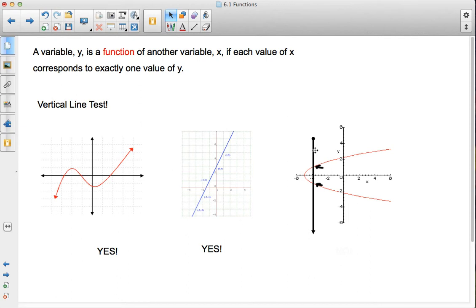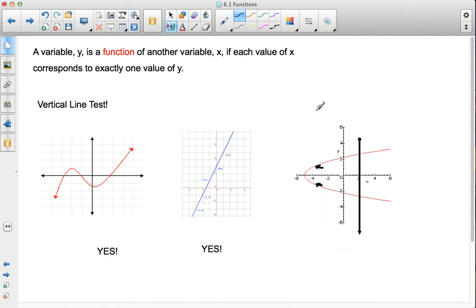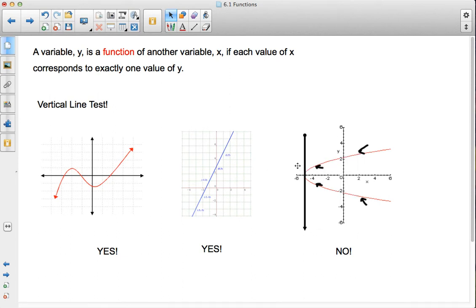If I keep moving it throughout, we can see wherever I place it, there's going to be more than one spot where the pencil touches and gives me two responses. So here I can see that it's not going to be a function because each value of x is giving me two values of y. So the vertical line test, your friend and mine.